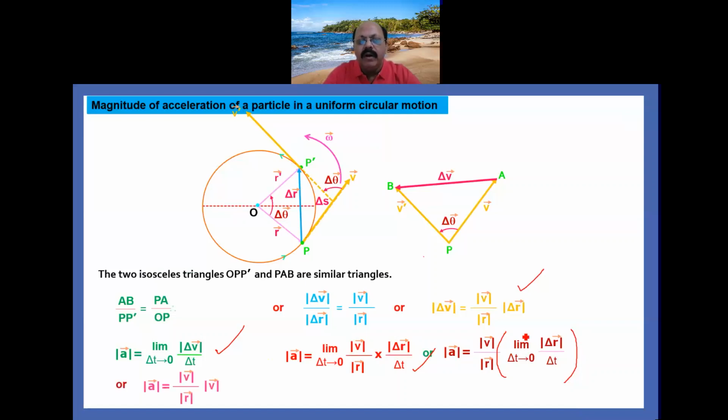So mod of A vector equal to mod of V vector upon mod of R vector into mod of V vector. So that becomes mod of A vector equal to mod of V vector square upon mod of R vector, that is A equal to V square upon R. So centripetal acceleration ACP, CP is centripetal acceleration, ACP equal to V square upon R.